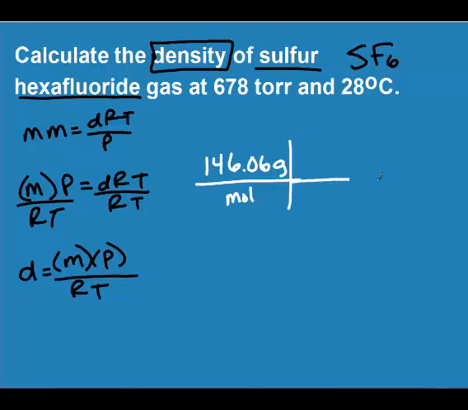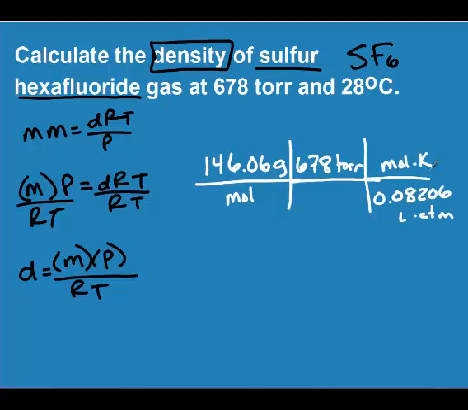And then our pressure. And then R needs to go on the bottom, and temperature needs to go on bottom. So 28 plus 273 equals 301 K. My Kelvin cancels, and that is all that cancels.